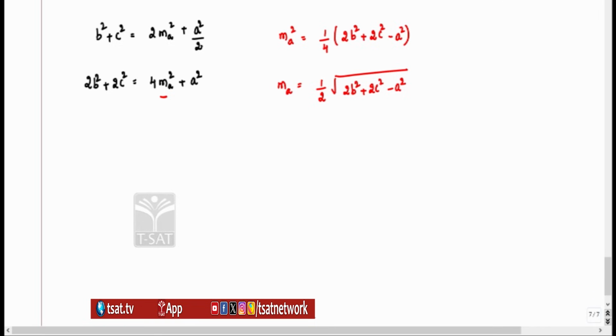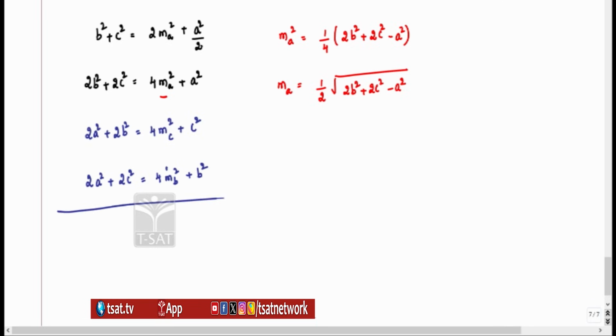If we continue further, similarly in the same triangle I can write 2a square plus 2b square is equal to 4 into the median with respect to c, 4mc square plus c square. I can also write 2a square plus 2c square is equal to 4mb square plus b square.